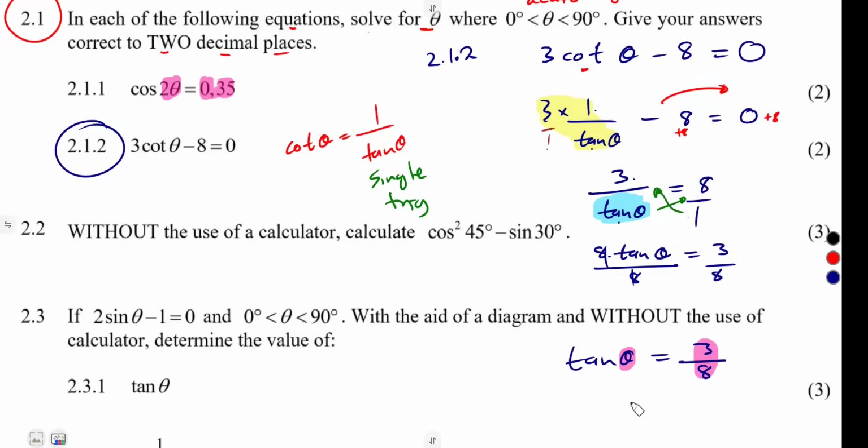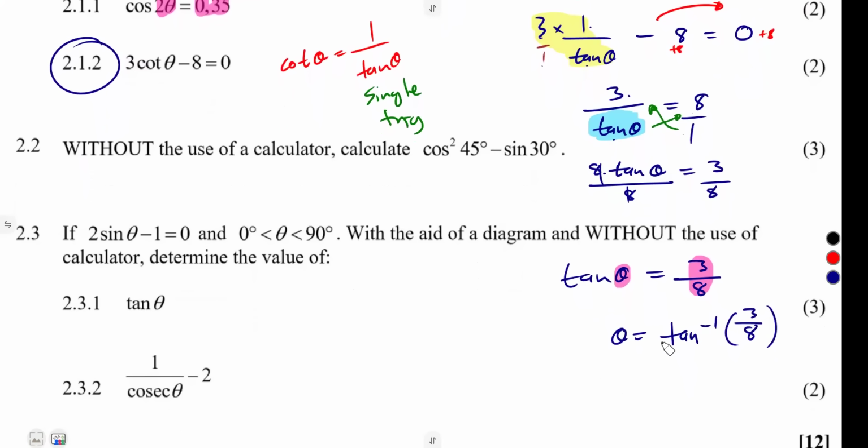to obtain the angle theta. So theta is simply equal to arctan of what? That's arctan of 3 over 8. You have got tan, so arctan on the other side. That's the idea. So that is going to give us the angle theta.